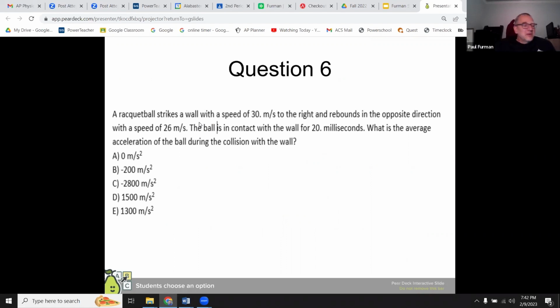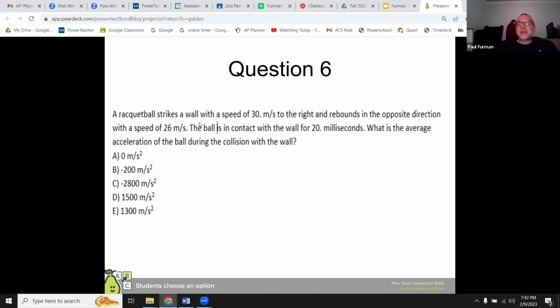Question 6 says a racquetball strikes a wall with a speed of 30 meters per second to the right, and rebounds in the opposite direction with a speed of 26 meters per second. The ball is in contact with the wall for 20 milliseconds, which would be 0.02 seconds. What is the average acceleration of the ball during the collision with the wall?